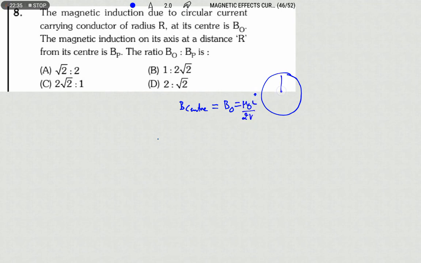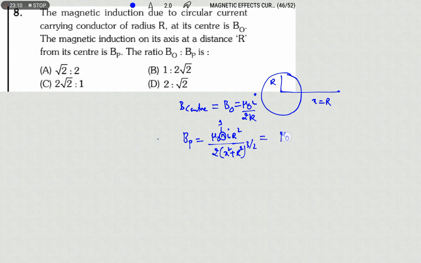Suppose its radius is R. Next, the magnetic induction on its axis at a distance of R from the center. So x equals R. Then what will be the magnetic induction? At P we write mu naught N i, where N value we are taking as 1, so Ni R square by 2 times (x square plus R square) whole to the power of 3 by 2.